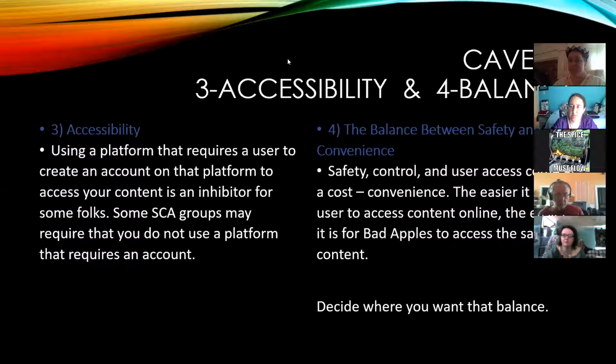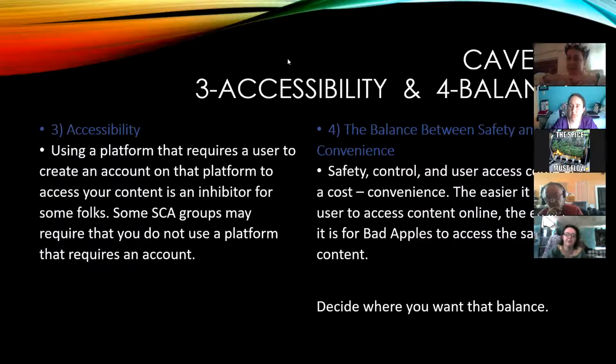Then there's the balance between safety and convenience. If you make things really easy for your users, they're going to be easy for the bad apples. So when you put a restriction on your users, like maintaining use of a password, that means it's going to be less easy for them, but it will be less easy for the bad apples as well. That means it's safer for your users.